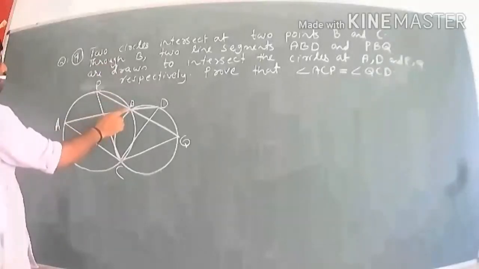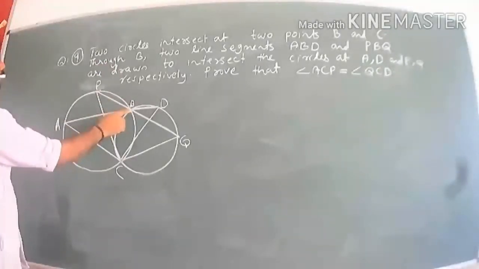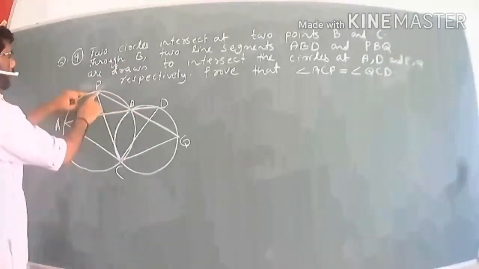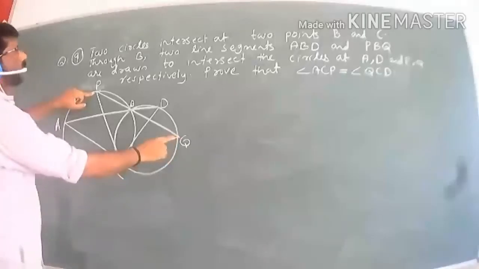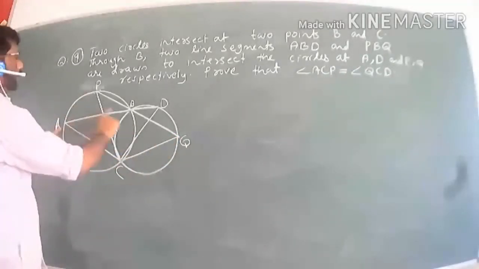Through the point B, line segments are drawn. One line segment is PBQ and another line segment is ABD.